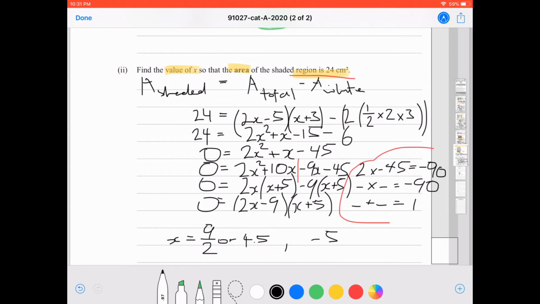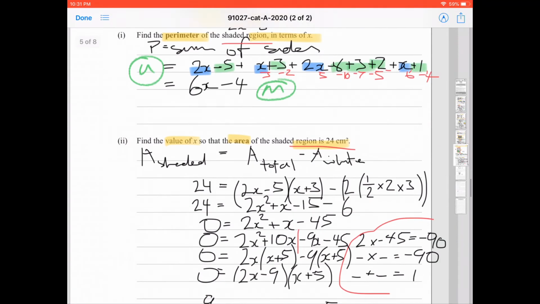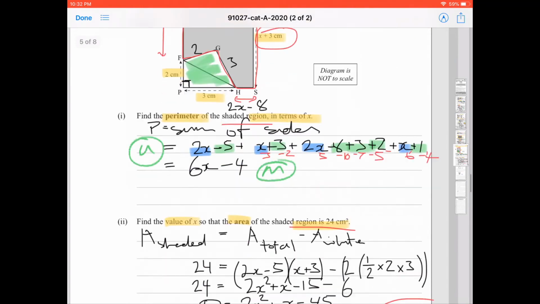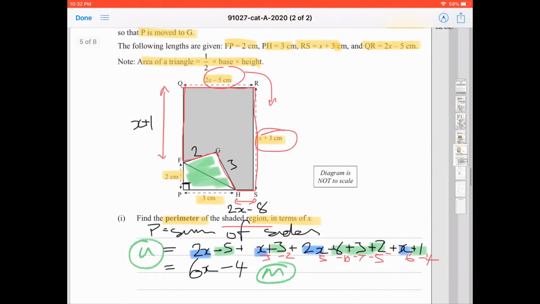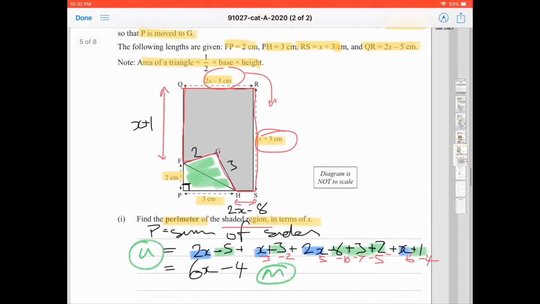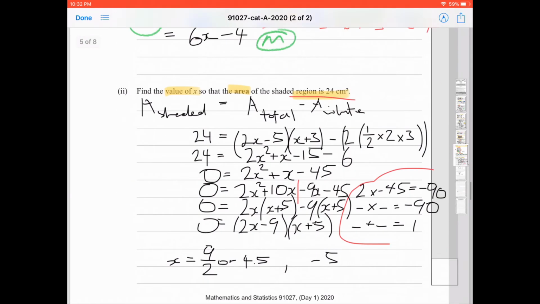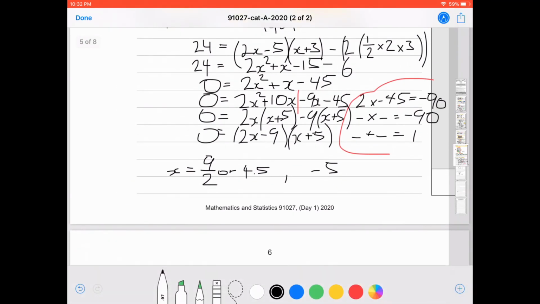Now, we're working with side lengths, so it's important to remember that x cannot be negative in this situation. So here x equals negative 5 is not a valid answer. Our only answer is x equals 9 over 2.